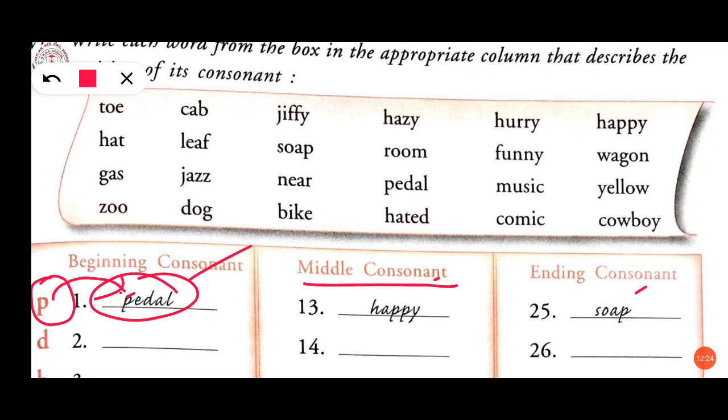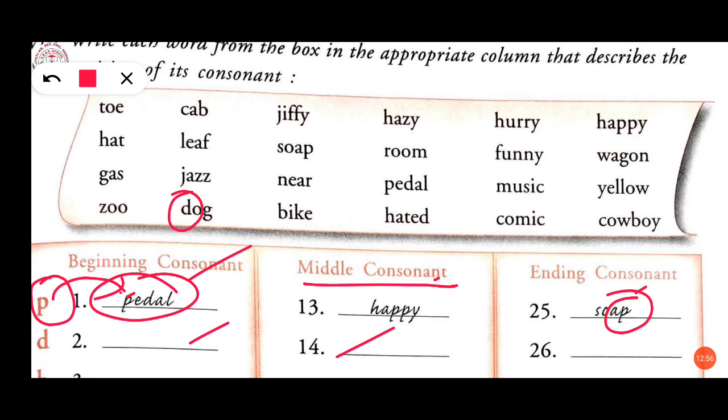So here we can see P is starting from beginning, so it becomes beginning consonant. Now for middle one, we have to see that P will come in middle while pronouncing any words. And likewise we have ending consonants, in which we have to notice that whether P is at the end of the word or not. So we have first one like this, and the second one is D. For D we have to see that first letter should be D. That is, beginning consonant should be D. So here we have dog for the beginning consonant.